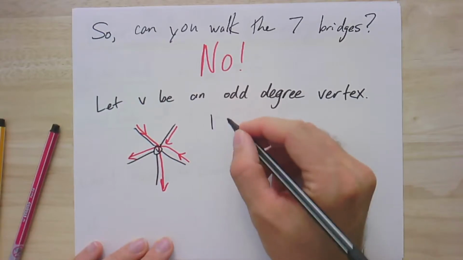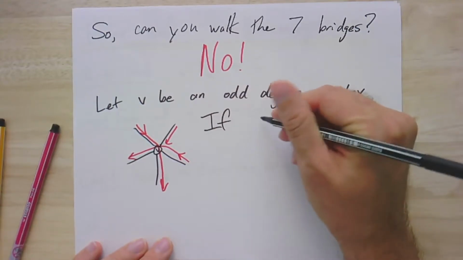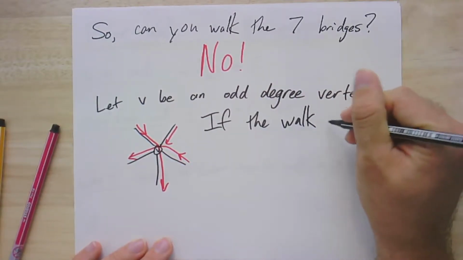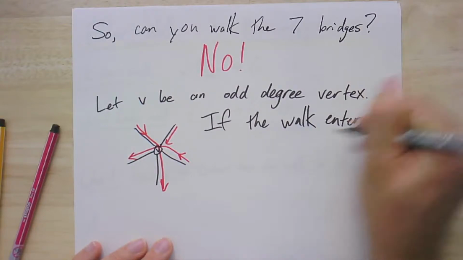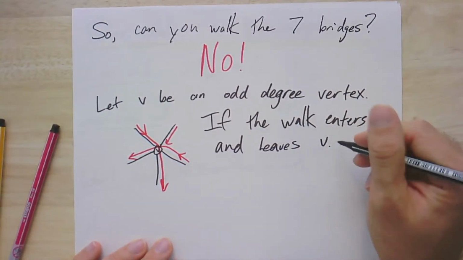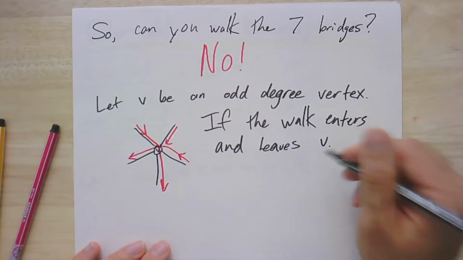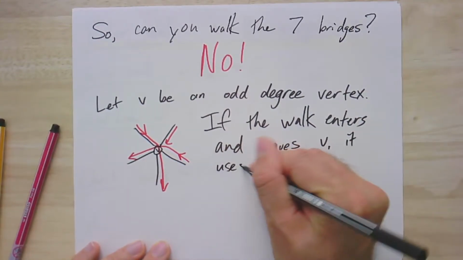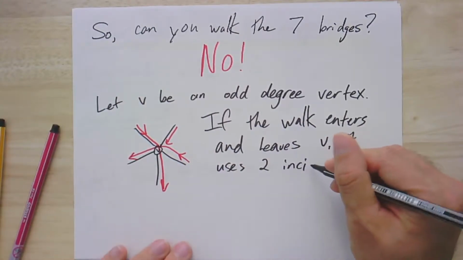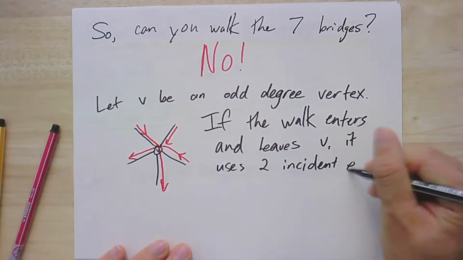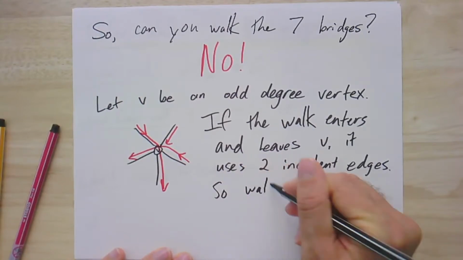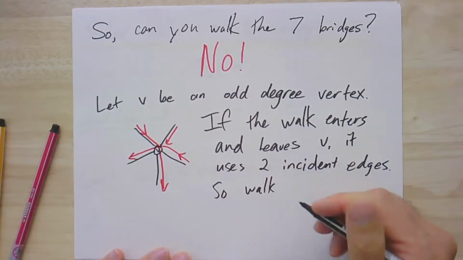Okay, so if this walk that we're building enters and leaves V, then it uses 2 incident edges, and so it has to either be the start or the end of the walk. There's no way it could just be somewhere in the middle. And so we found that one of the ends has to be V.